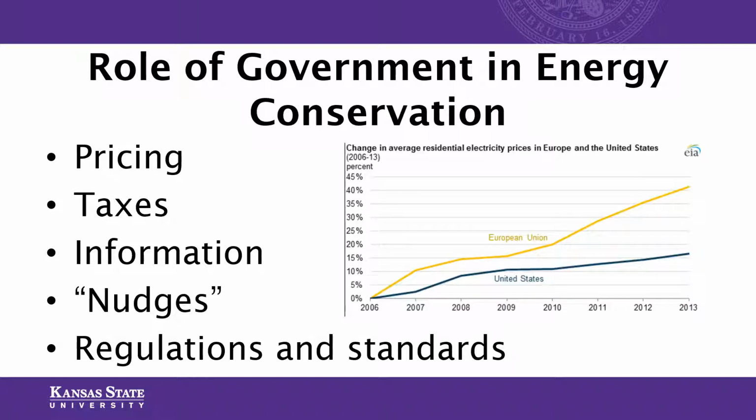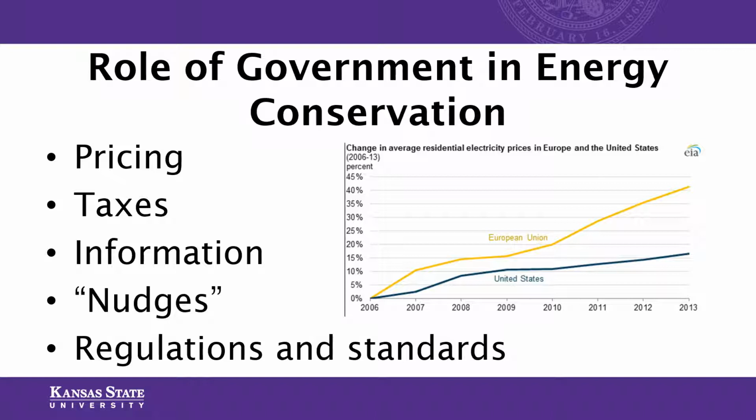And what I mean by that is basically currently in the United States, electricity and energy is way too inexpensive. We pay very little for our electricity compared to most countries in Europe. And as a result, we do not conserve energy like European countries conserve energy.